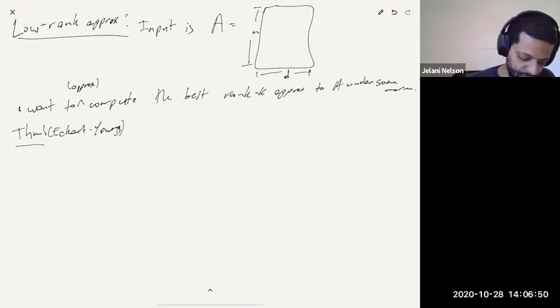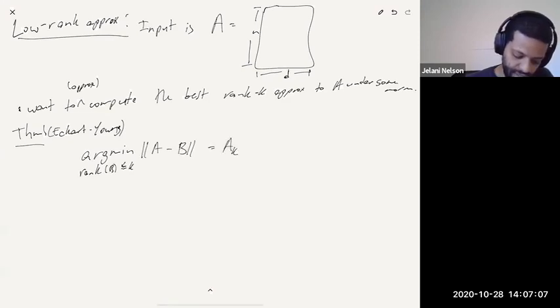That the minimizer, the argmin over all B of rank K of, say, A minus B, is equal to A_K, which is equal to U_K sigma_K V_K transpose.